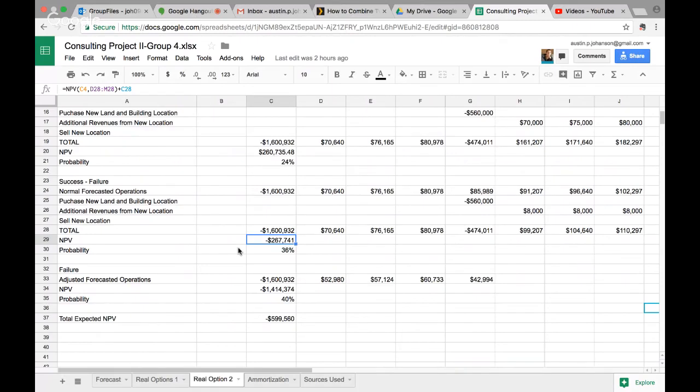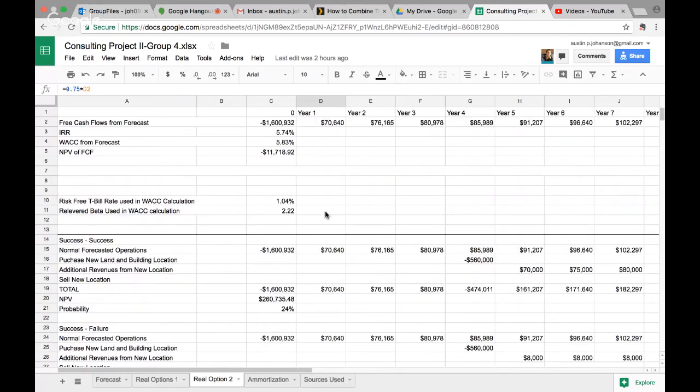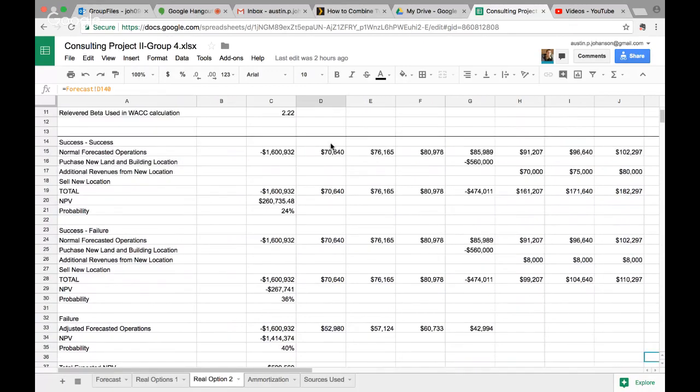And then for just a flat out failure, what we did is we took our ultimate acquisition cost, and then we took our regular cash flow, which would be the 70,000, and then we just multiplied it by 75%.